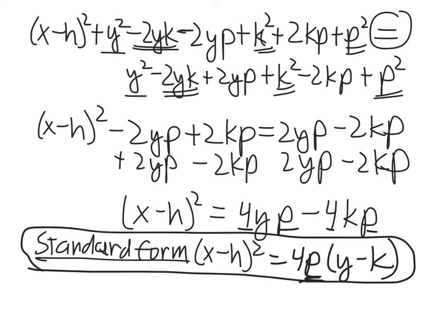Now we have more details to look at here in a second, but that's the standard form equation based on the definition: the distance between the focus and a point on the parabola is equal to the distance from that same point down to the directrix.